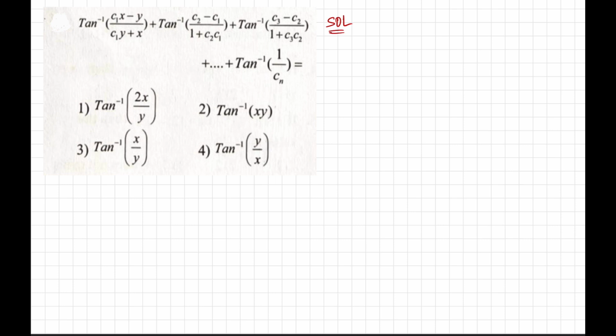तो अगर हम second term को लिख लेंगे, so we have tan inverse of (C2 − C1)/(1 + C2 into C1). What do we do?